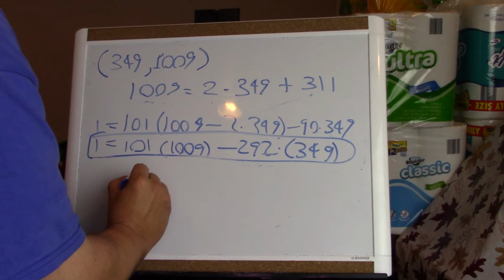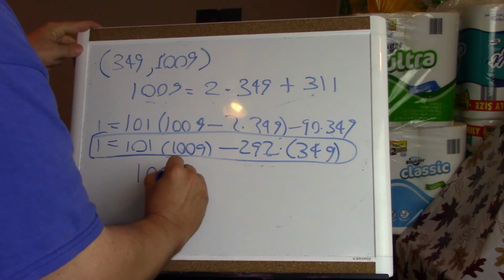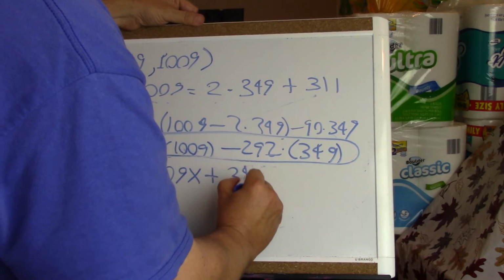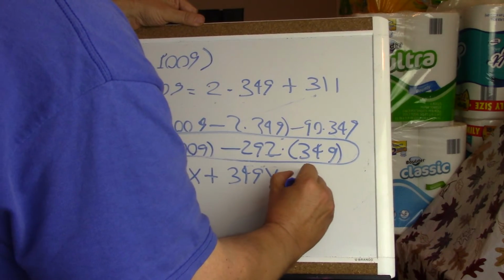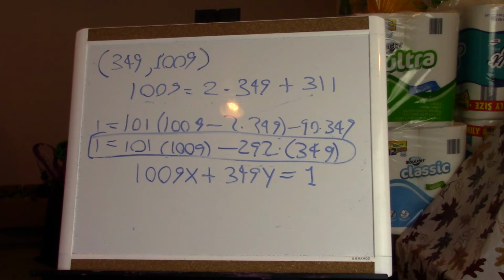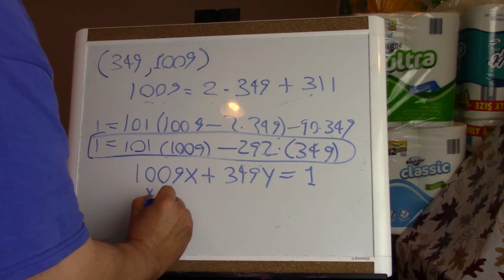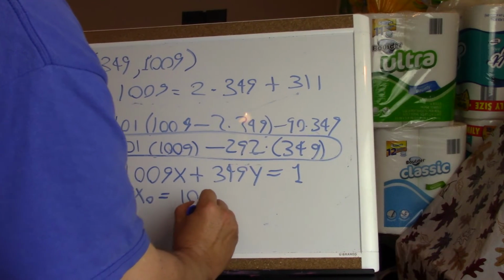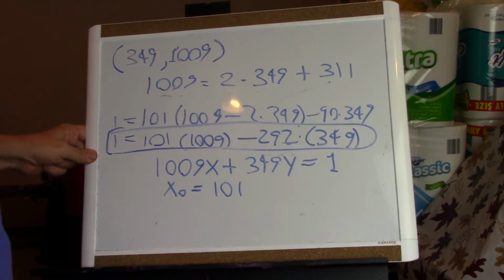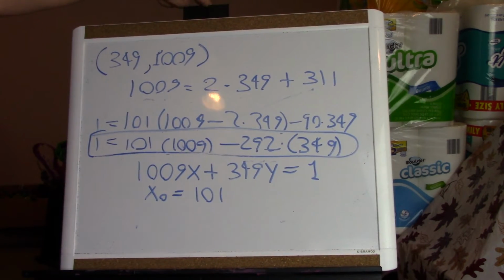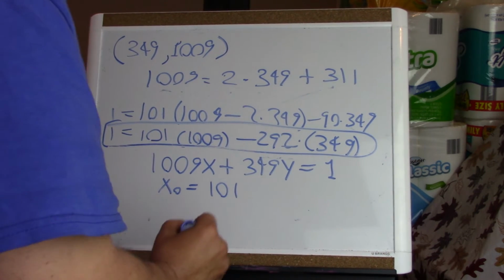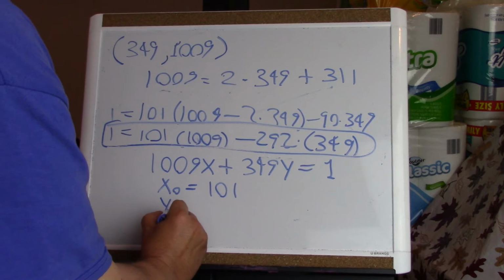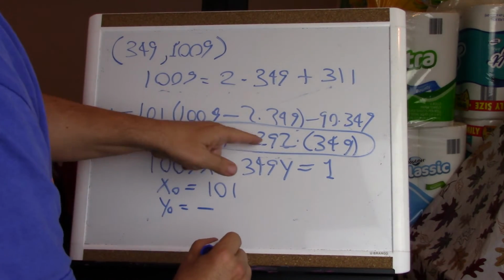I would do 1009x plus 349y is equal to 1. And I would know that my x0 is equal to 101. I need to do better with my setup. Sorry, folks. And my y0 is minus 292.